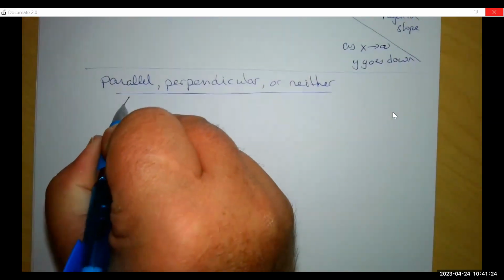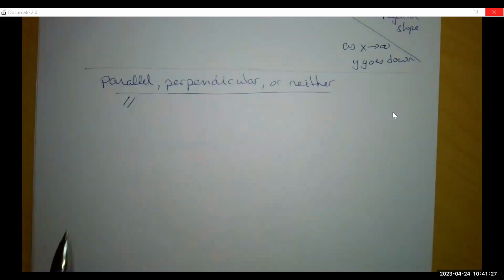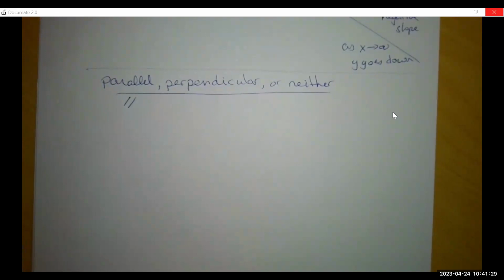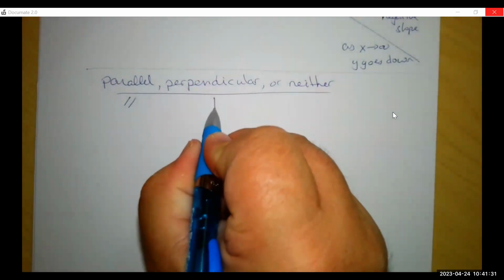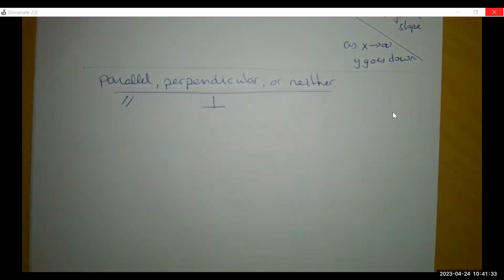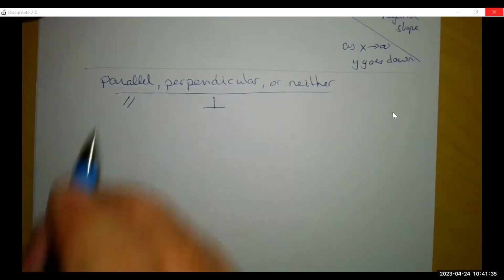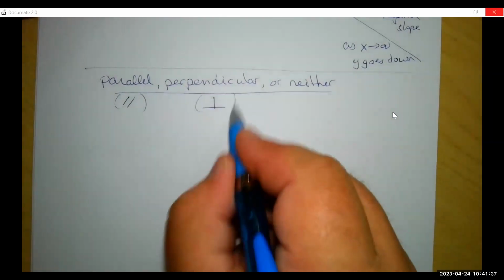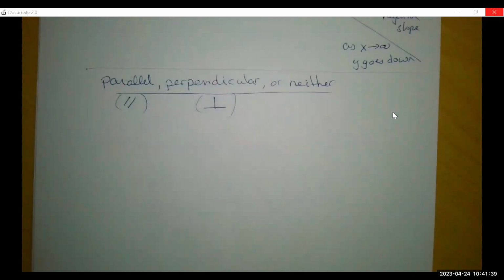The symbols we use: when you see lines like that, that means they're parallel. Perpendicular is an upside down T. So these are the signs that go along with these words, so that you don't have to write these big words. You just put the symbols and that's what it means.